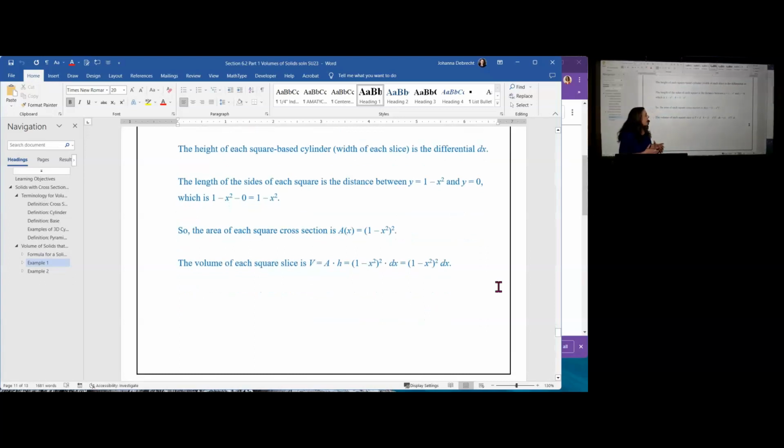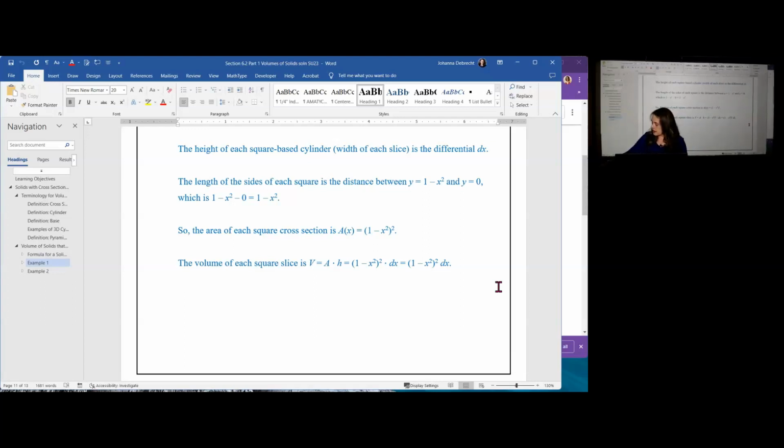Since we have figured out that the length of the side is 1 minus x squared, and we know the width of the slice is dx, then the volume of one little slice is going to be the area of the square times the dx. In this case, the area of a square is the side length squared, but our side length is 1 minus x squared, so we square that and multiply by the differential dx.